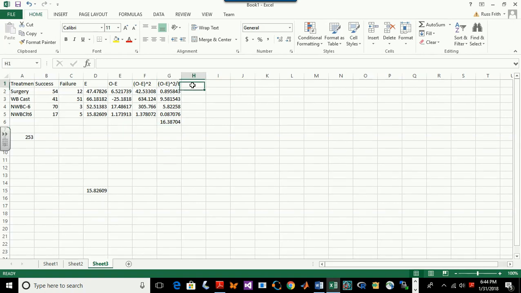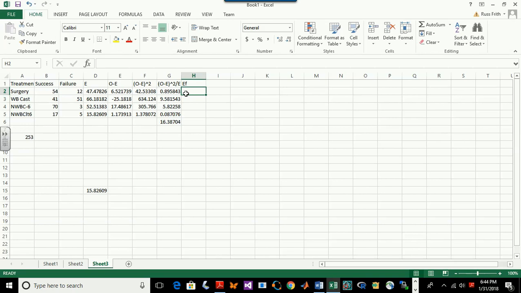Okay, so let's do the expected values of the failures. So we did the successes, and now we need to do the expected values of the failures. We'll call these EF. This would equal the sum of the row.